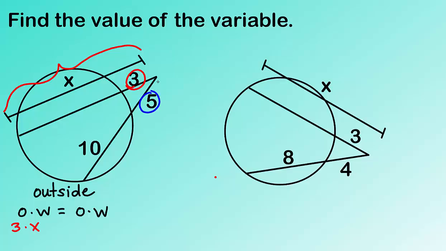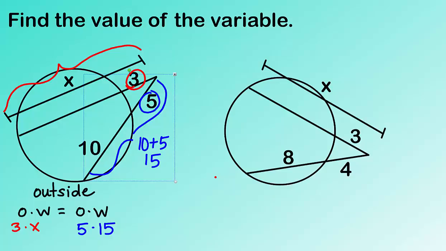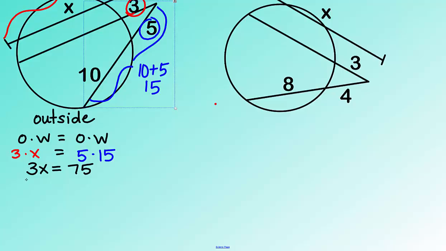And an outside that's 5 and a whole that is 10 plus 5, or 15. So I would get 3x is equal to 75. Then I'll divide by 3 on both sides and get x is equal to 25.